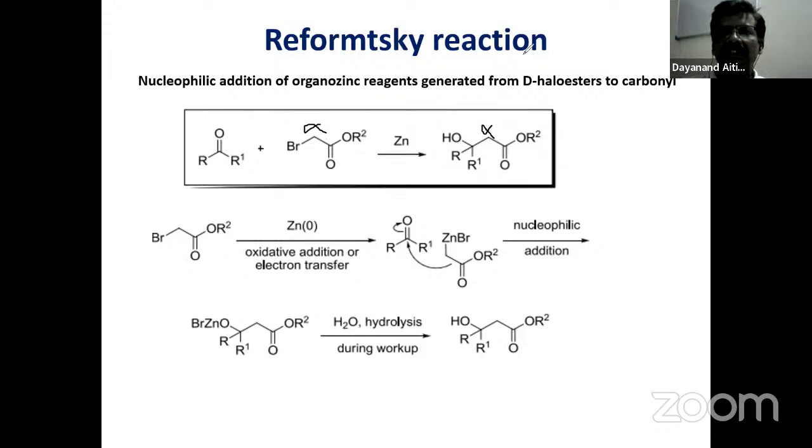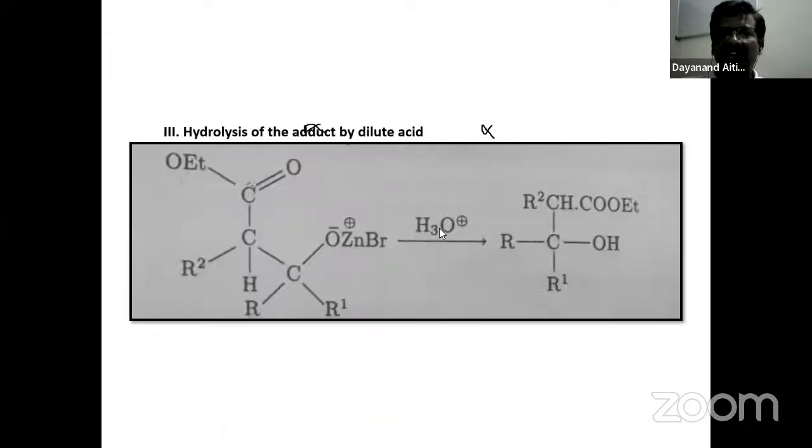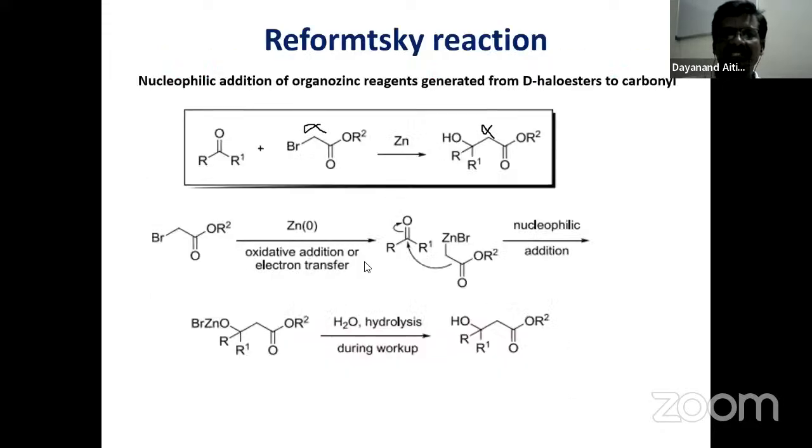Therefore, that is forming a zinc bromide enolate. Then later on, the adduct is formed, and on hydrolysis, we get our product. That is the product. Simply you can see this one. I will share this PPT also. The zinc bromide derivative is very important.